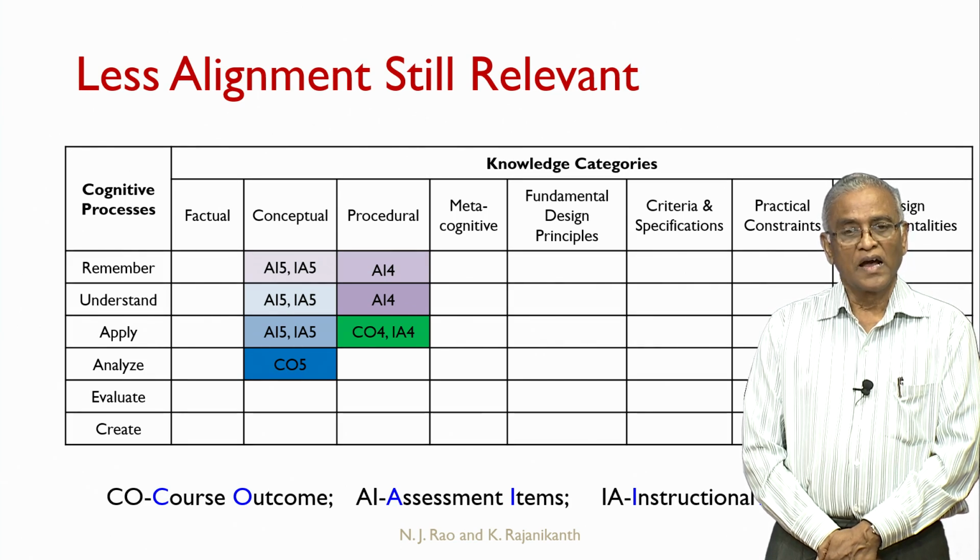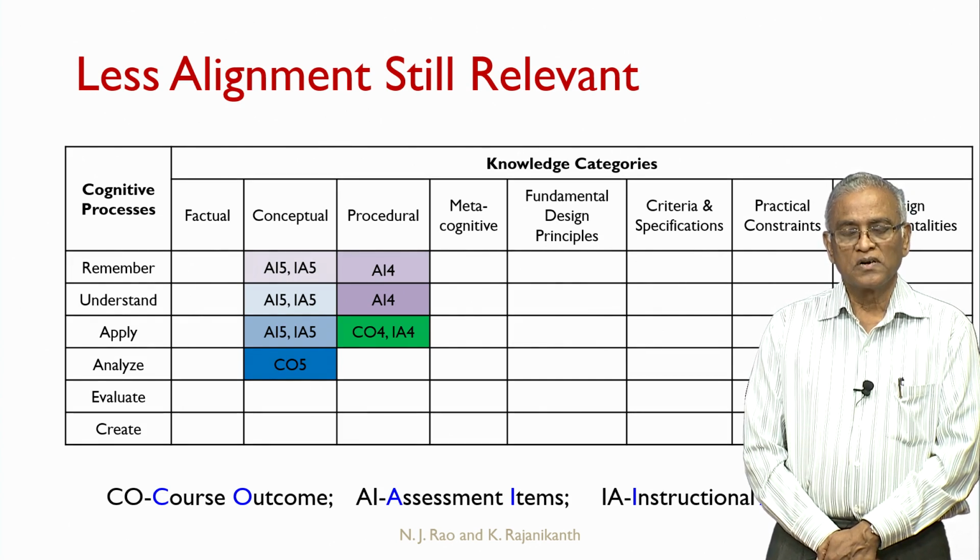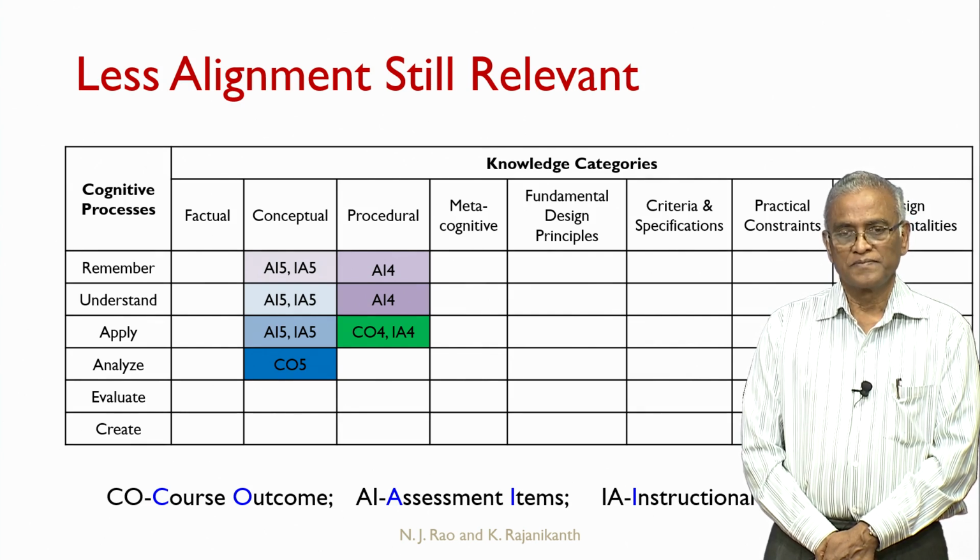That means if my assessment is confined to 2, 3 or 1, 3, then I cannot claim that I am attaining CO4 at all.